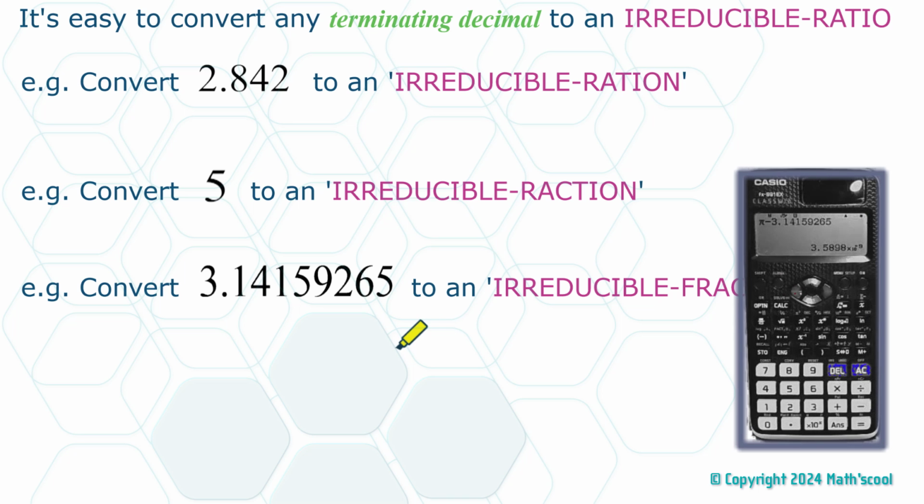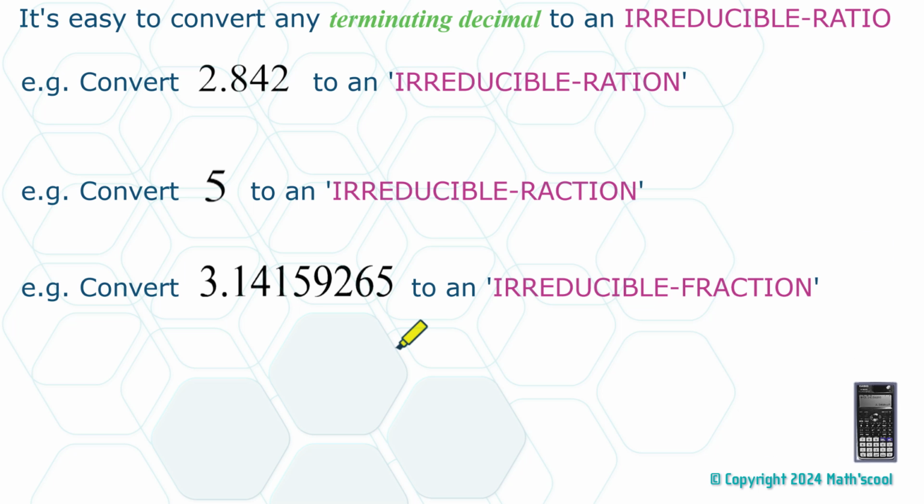Pi goes on and on. 3.14159265358, blah, blah, blah. It carries on and on, pi does. So this number doesn't carry on, but pi does carry on. This is a terminating decimal. Pi is not a terminating decimal.